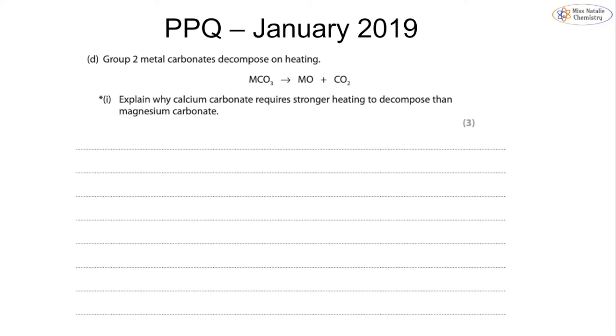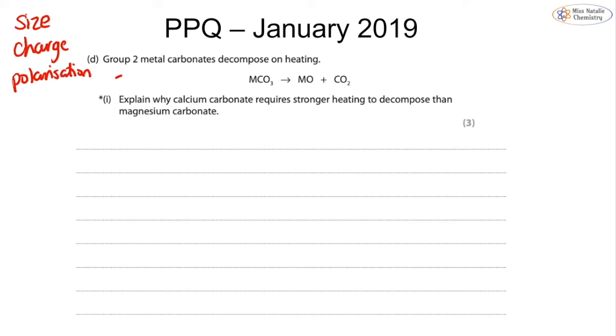And then the last question is a thermal stability question. As I said, they are very common. So group 2 metal carbonates decompose on heating as shown in that reaction. Explain why calcium carbonate requires stronger heating than magnesium carbonate. Okay, so now we want to be thinking about size, charge, and polarization.